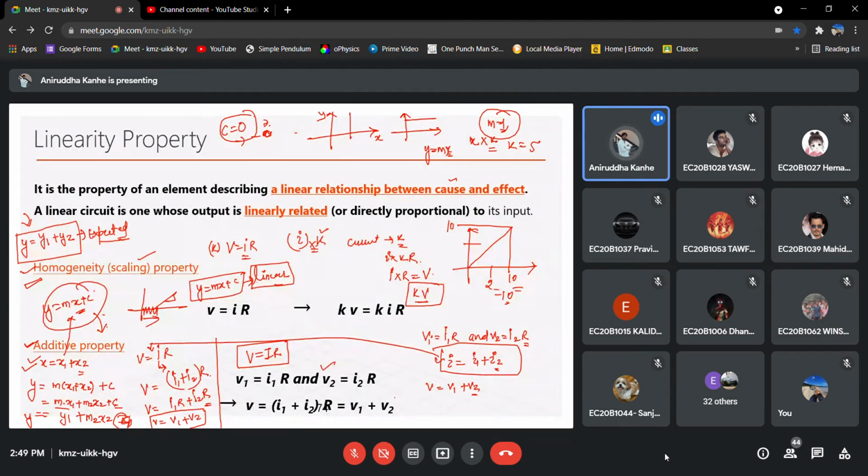This is satisfying the additivity. But if I add a constant and make it resemble your line equation, which is y equals mx plus c, then because of this intercept, these properties are getting violated.